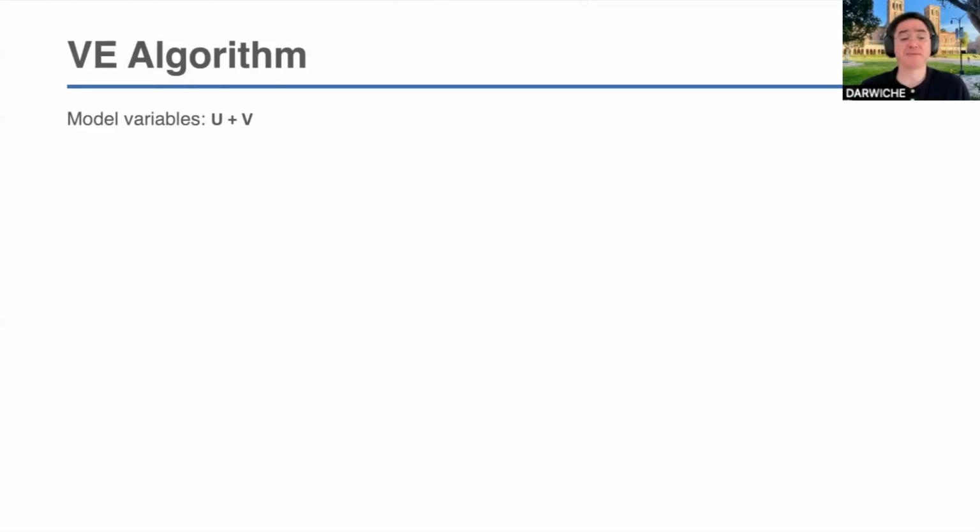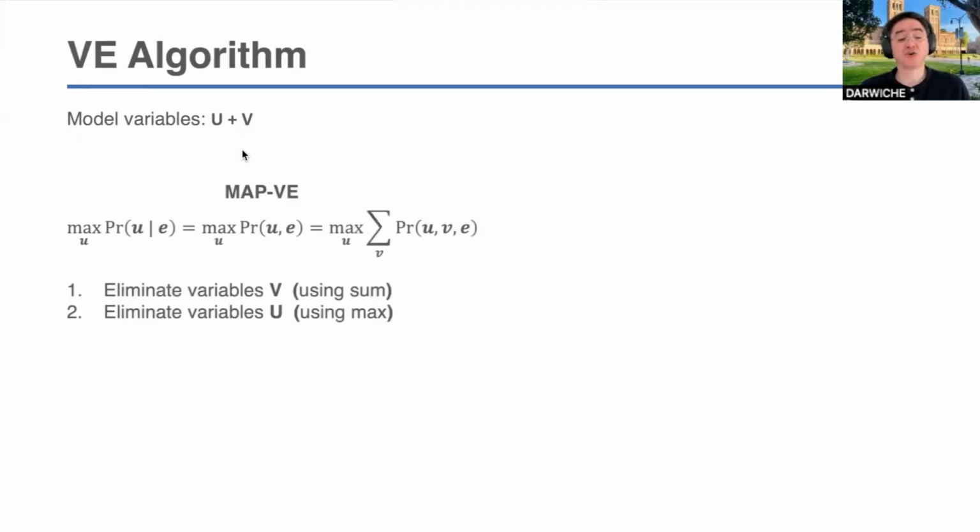Suppose your model variables are these. These are the ones you're optimizing, and this is the rest of the variables. In MAP, you are trying to solve this optimization problem, which, as we said, is equal to that, and this is the same as this, because I'm just marginalizing over all other variables in the model. So variable elimination will say, okay, I am going to eliminate these variables first, then eliminate these variables last, and then I give you the answer.